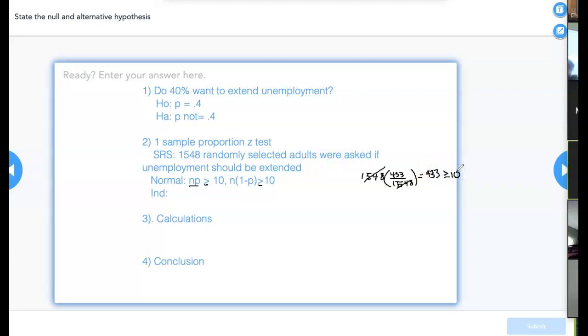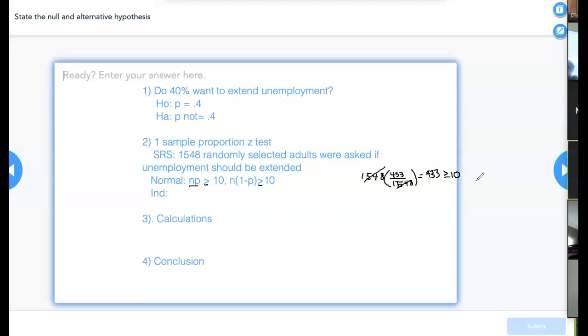And this is also called your success rate, okay? What number of successes are there? 433. Then your failure is 1548 minus 433.